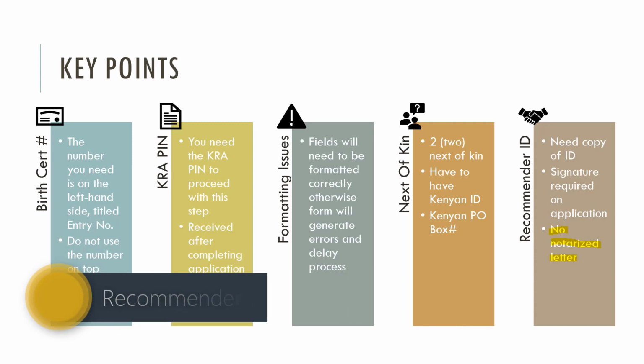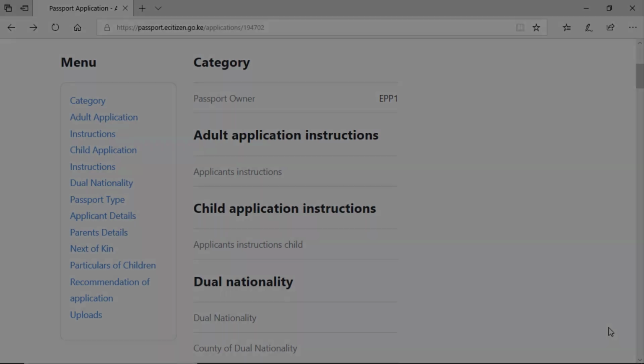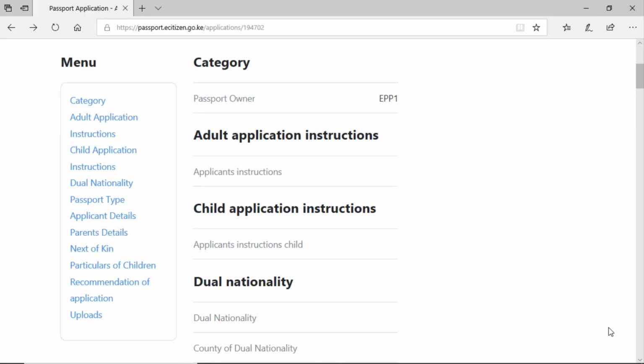So right now we're just going to look at the form itself, so we can highlight some of the areas where I ran into some of those pain points. Okay, I wanted to show you this page real quick, because once you go to the Department of Immigration Services on eCitizen and select passport application, you're pretty much off to the races. You don't get a view of this, and this is where the frustration comes in. It takes you page by page.